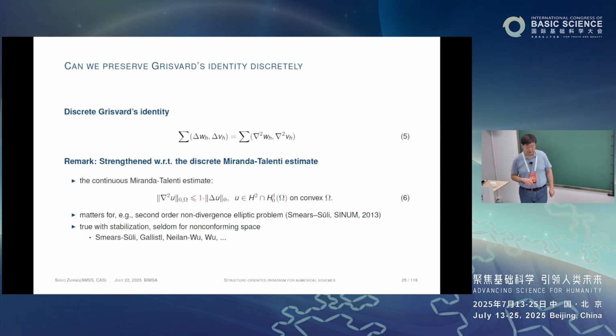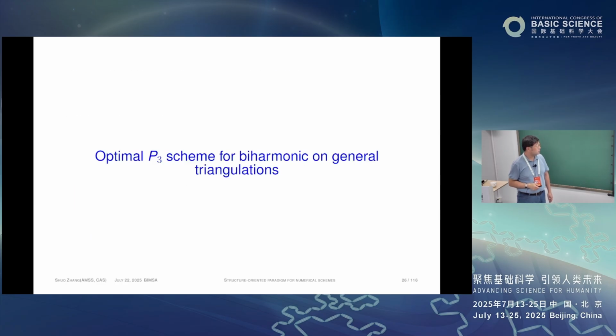This is stronger than the estimate, and this estimate can be crucial for the computation of second order non-divergence elliptic problems. Some of my friends, my colleague Shuo Zhang, have done many works on this. So what do we do? We use a piecewise cubic to solve these two questions.